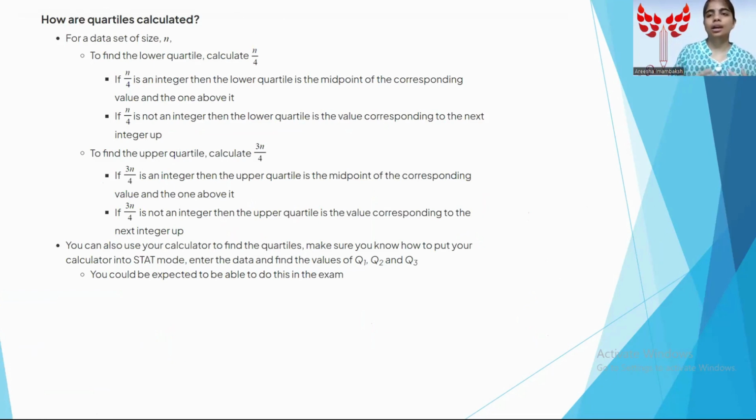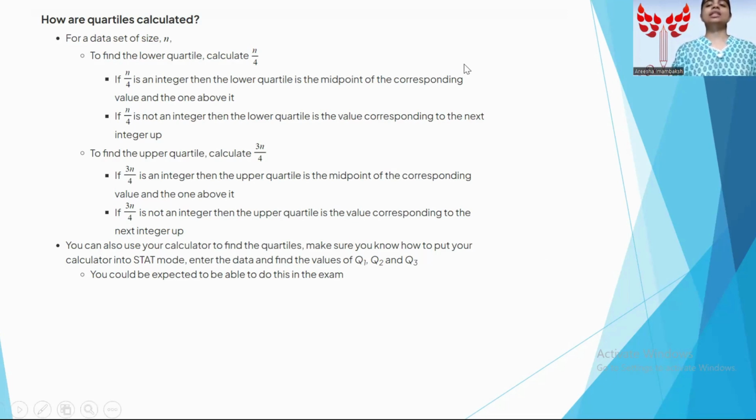To find the lower quartile, you do N upon 4, and then you round it up to the next integer. You never round it down. Even if it's 3.2, it will be rounded to 4. Even if it's 3.6, it will be rounded off to 4. We will see an example. And for the upper quartile, it's 3N upon 4, and you will round it up.